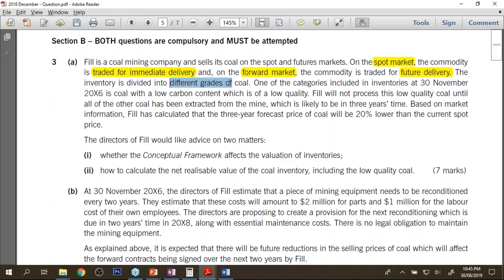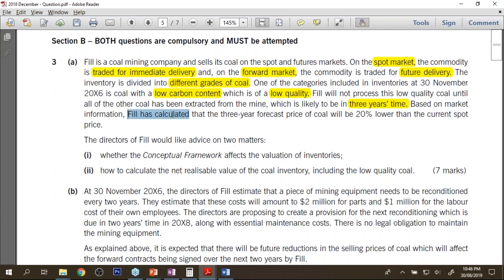Okay, and then it says further that one of the categories included in inventories at 30th November 2006 is coal with a low carbon content, which means that it is of a low quality. Phil will not process the low quality coal until all of the other coal has been extracted from the mine, which is likely to be in 3 years' time. So this means we are going to sell this low quality coal after 3 years' time.